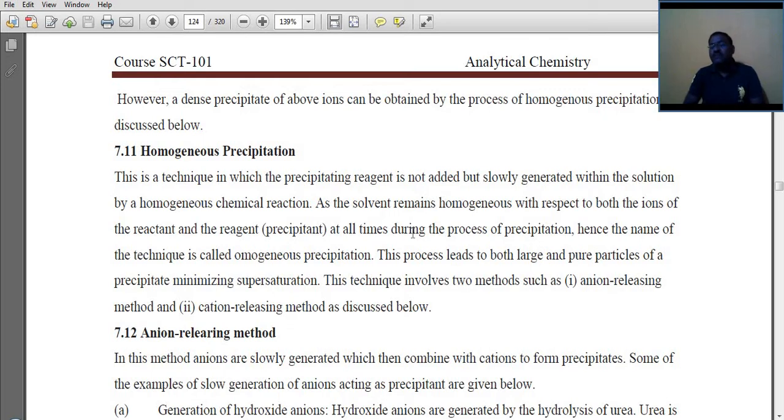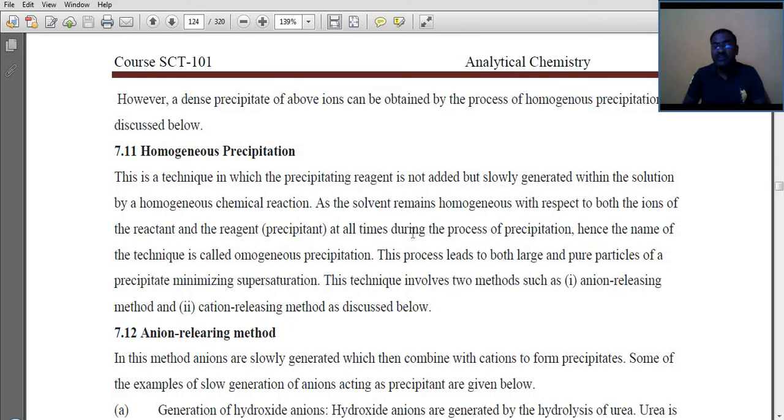As the solution remains homogeneous with respect to both the ions of the reactant and the reagent at all times during the process of precipitation, the technique is called homogeneous precipitation. This process leads to both large and pure particles of a precipitate, minimizing the supersaturation.